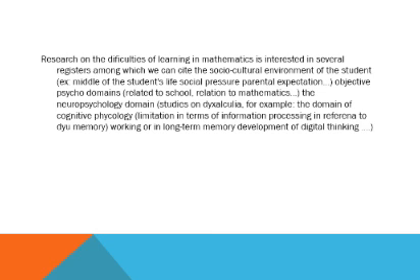The neuropsychology domain studies dyslexia. For example, the domain of cognitive psychology studies limitation in terms of information processing, referring to working memory and long-term memory developed in digital thinking.